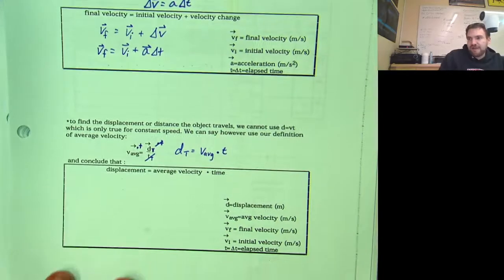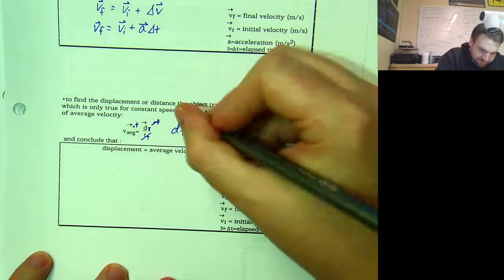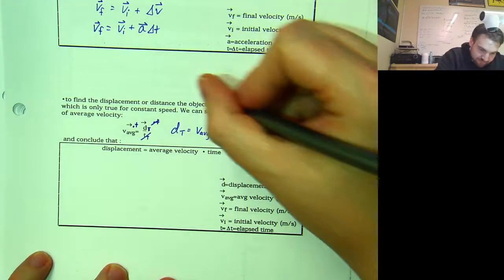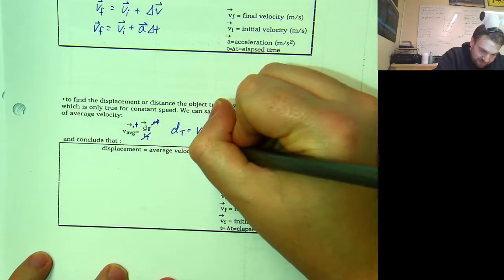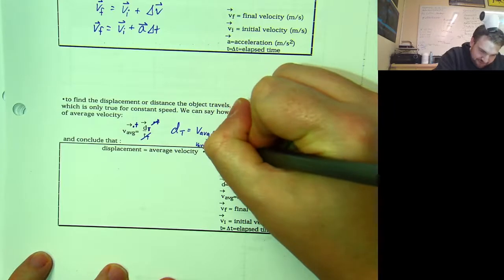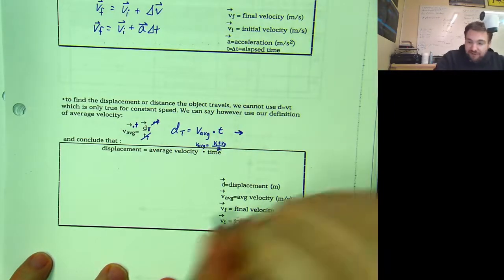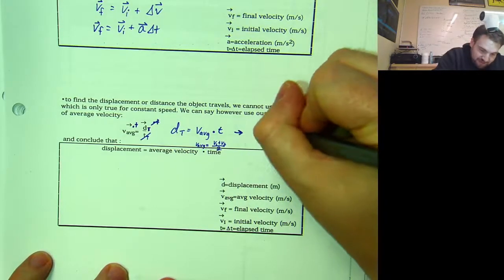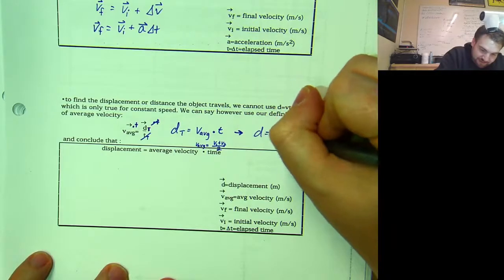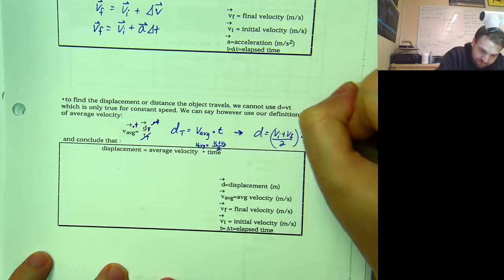Well, how do you find average velocity? Average velocity, v average, equals our first velocity plus our second velocity divided by 2. In this case, our first velocity and our second velocity are our initial and our final velocities. So we're going to get d equals vi plus vf over 2 times t.